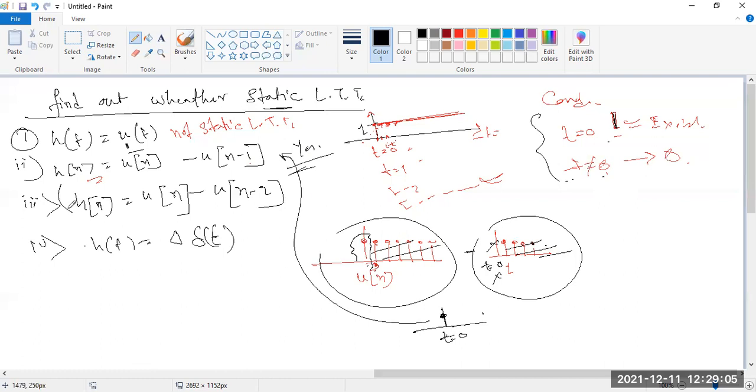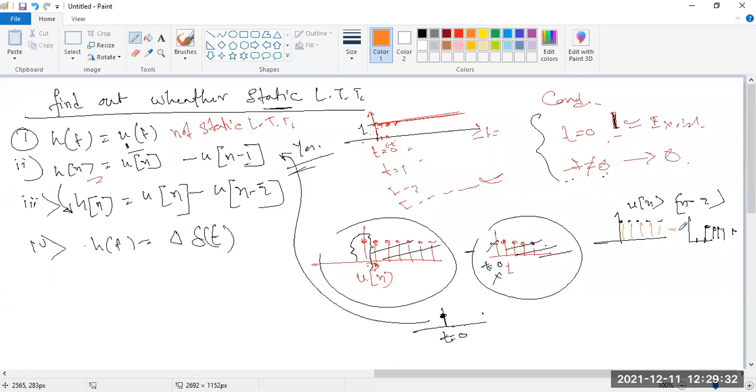But the same thing, if we have another one shifted: there is 1, 1, 1 for u of n. But if I shift it to n-2, it will shift by 2 and start here, so this portion is blank.